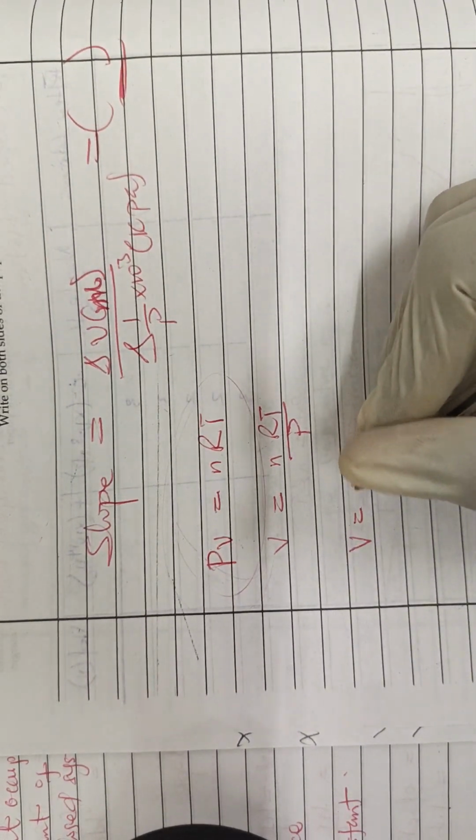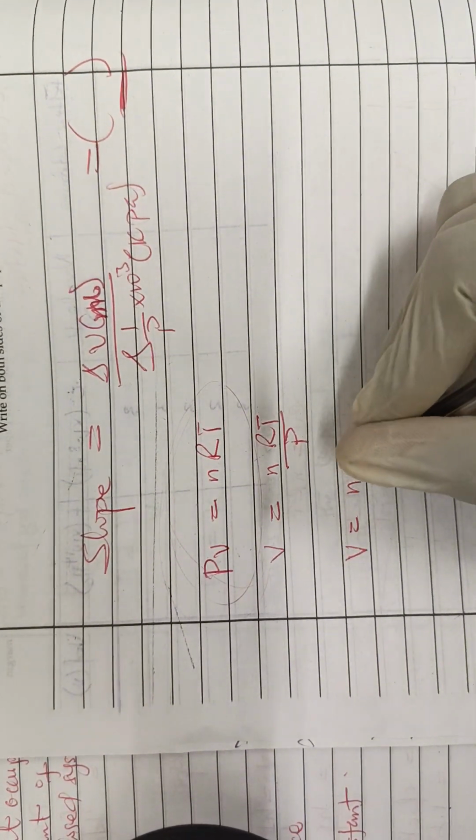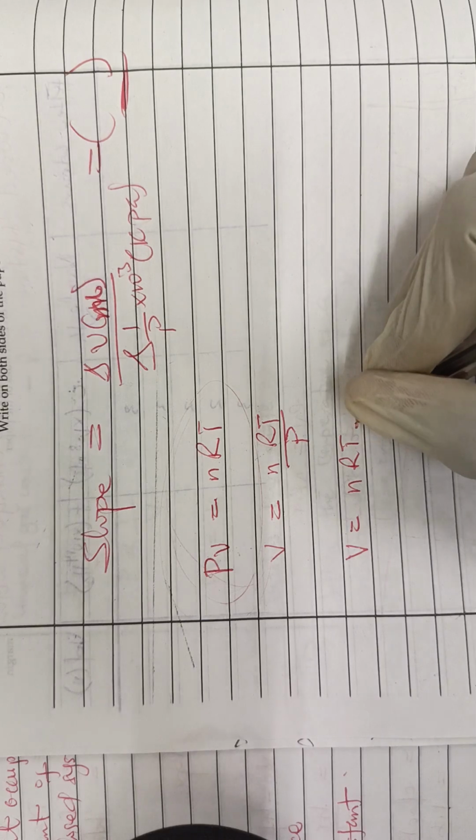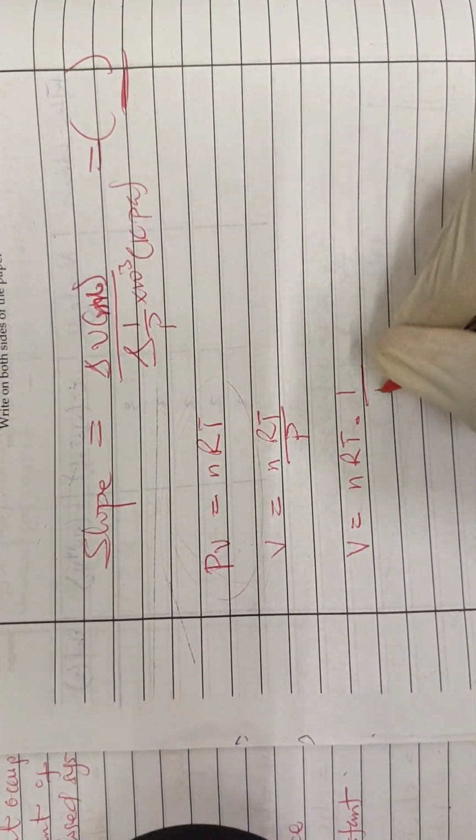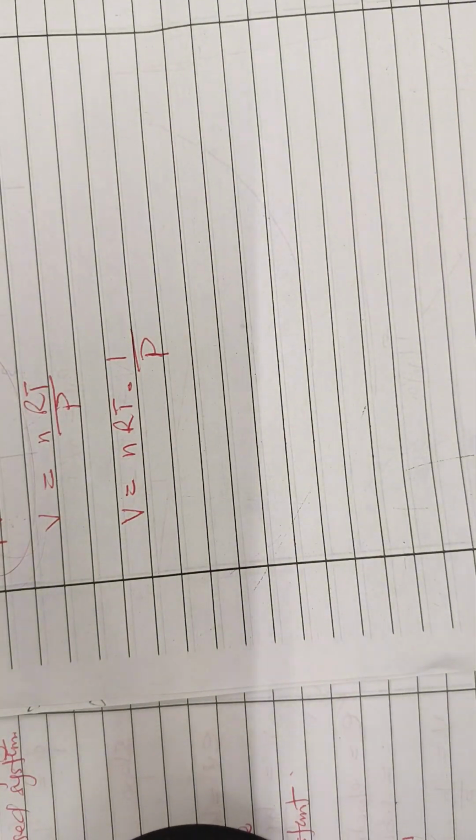So since we are using the second graph, we can say that in factorizing 1 on P out, we will have an expression like this. So this becomes the expression.